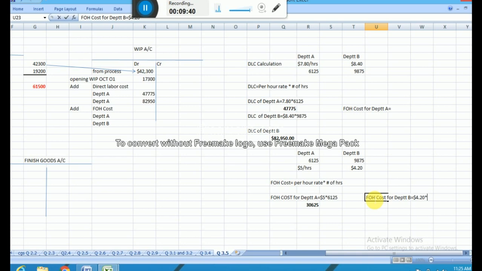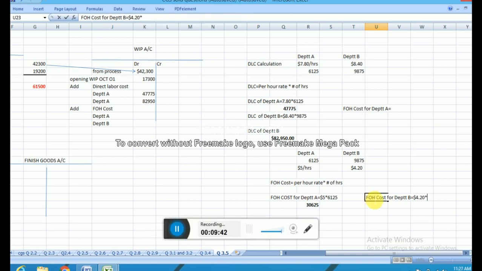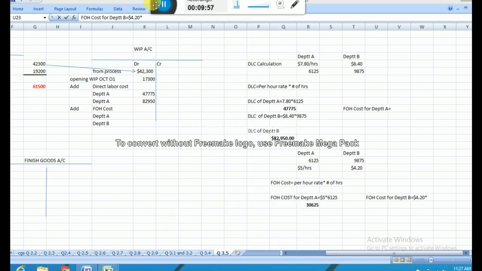In department B we have 9,875 hours that took place.